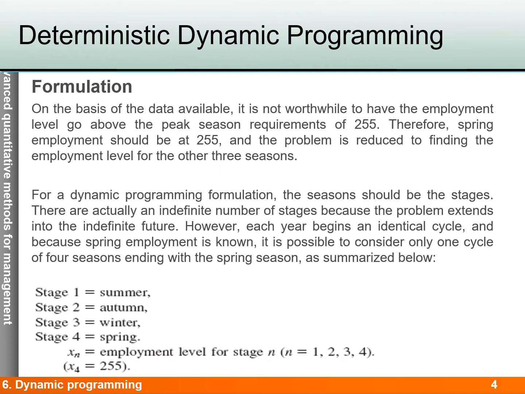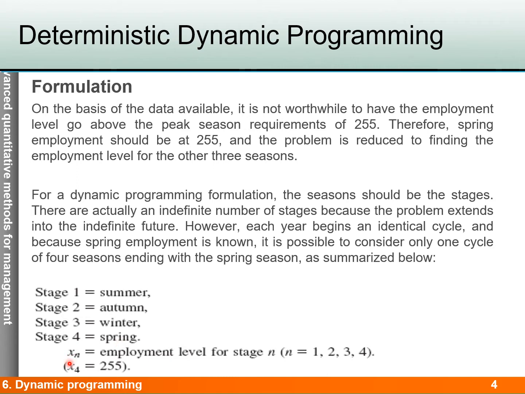And our next stage 4 is spring, that we know will help us to obtain the information about the stages 3 and then 2 and then 1. So as you see here in this image, stage 1 is summer, stage 2 is autumn, stage 3 is winter, and stage 4 is spring.